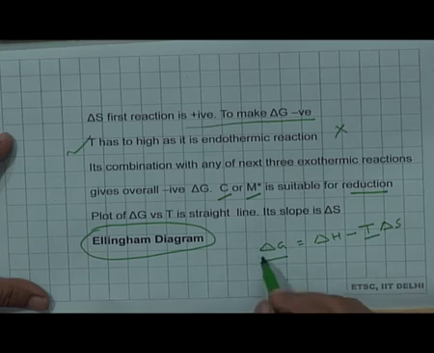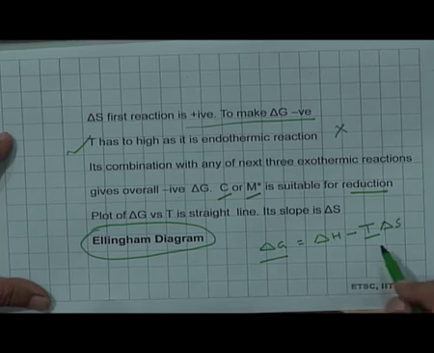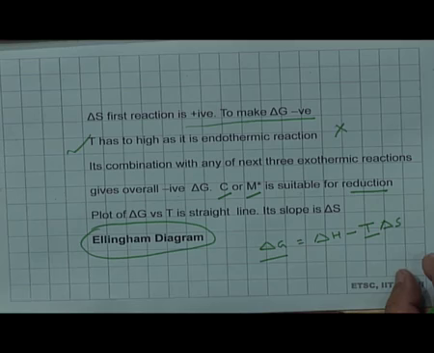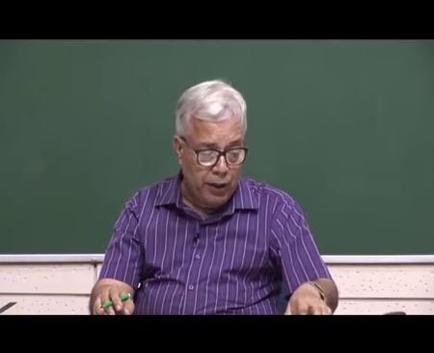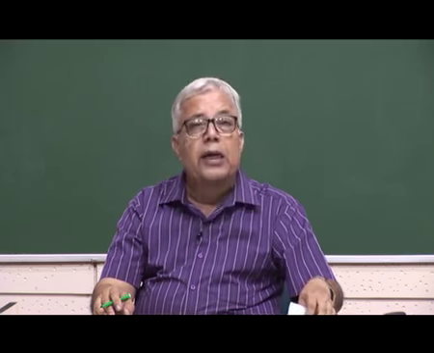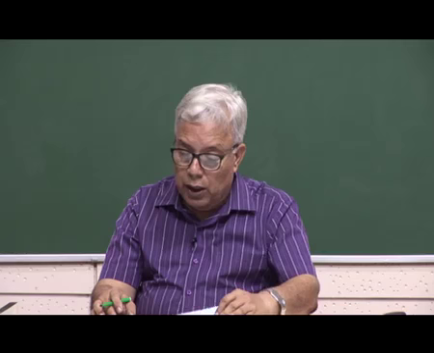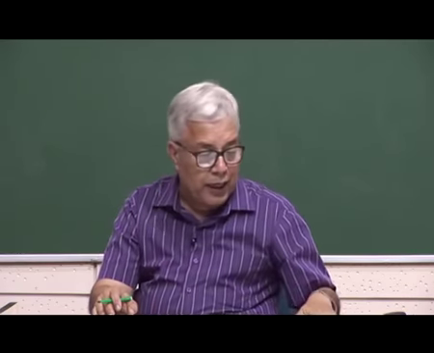The plot between delta G and T is called the Ellingham plot, and using this plot we can easily speculate whether a particular reducing agent will be suitable for reduction of a particular metal.